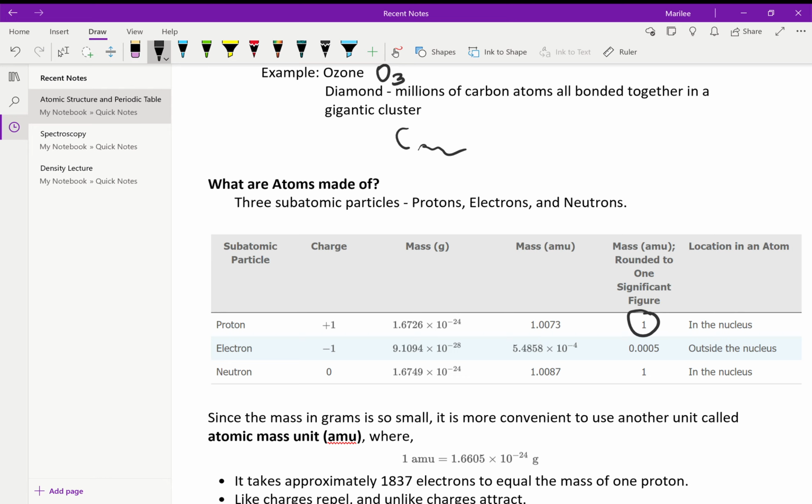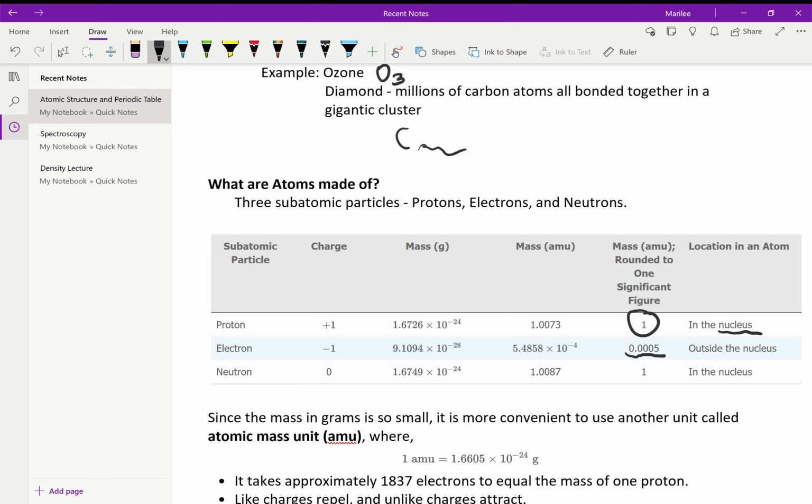Our protons are found in the nucleus. Then we have the electrons. Electrons have a negative charge, and they are very, very, very small compared to the size of a proton. So if you look at the mass in AMU, it's 0.0005. Electrons are found outside of the nucleus.